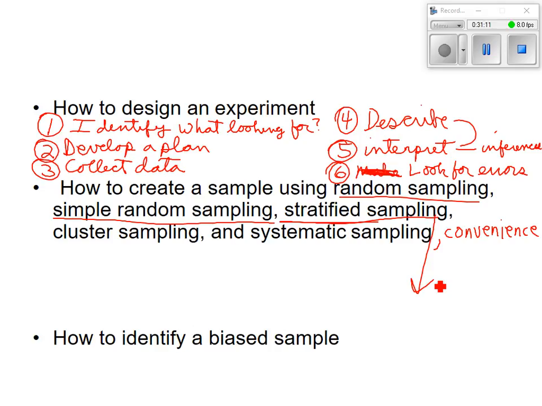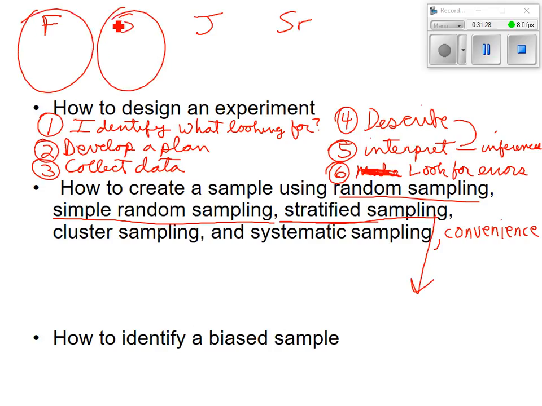Grades. So freshmen, sophomores, juniors, seniors. For stratified, we make sure that we pick some from this group, some from this group, some from that group. That's what stratified is. Making sure that each group is represented.